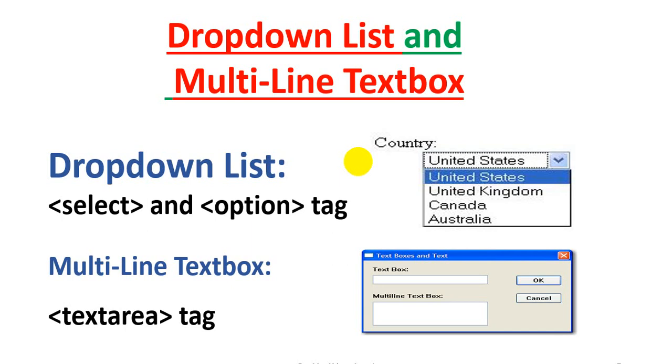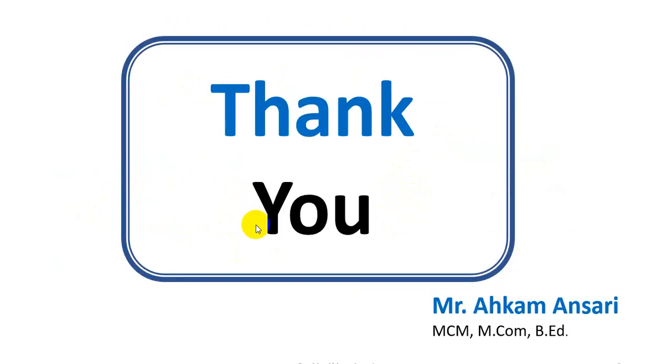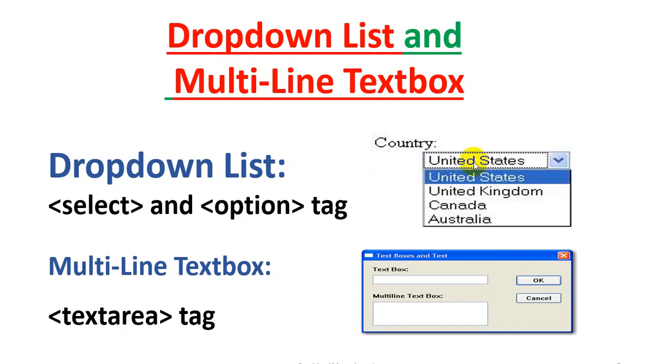In the same way, you cannot use the option tag as a single tag, but the select tag and option tag will work at the same time. So select tag is the main tag and option tag is a sub tag of select tag. By using these two tags, we will create this drop down list.